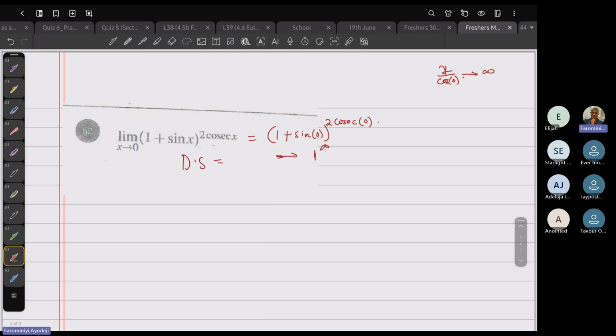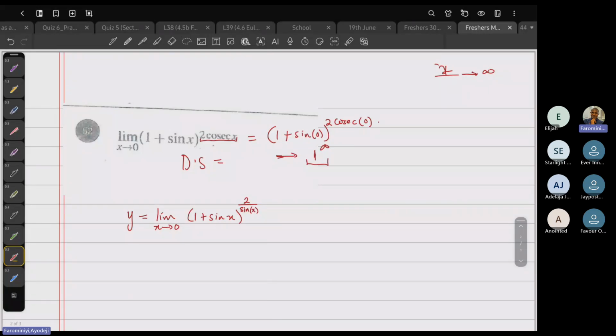When you have questions like this where it involves a power of x, and you want to take limits, the way to circumvent the problem of 1 to the power of infinity is to take the logarithm of both sides. So we start by saying y is equal to the limit of this expression, 1 plus sine x to the power of 2 over sine x. Did I say cos?